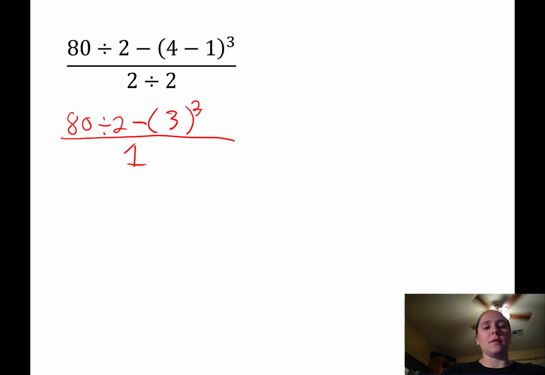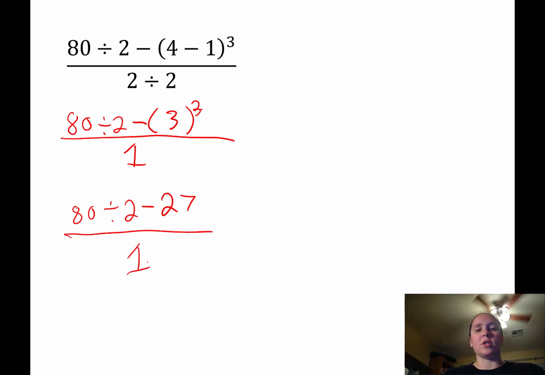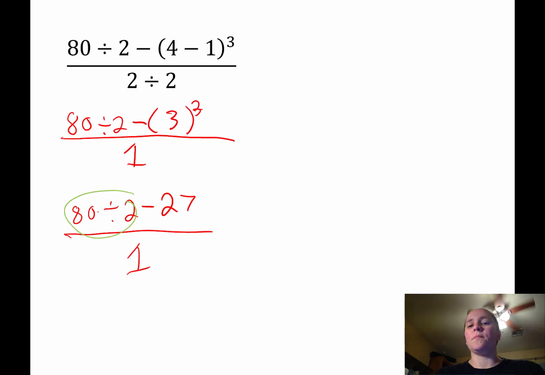Okay, now moving to the next step. I still have some stuff up top, right? So I'm going to take care of that 3 cubed. So I get 80 divided by 2 minus, well, 3 cubed is 27. Okay, and that's still over 1. So now I've got to do 80 divided by 2, which is 40, minus 27 over 1.